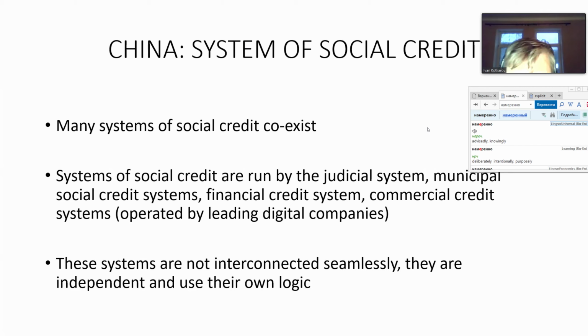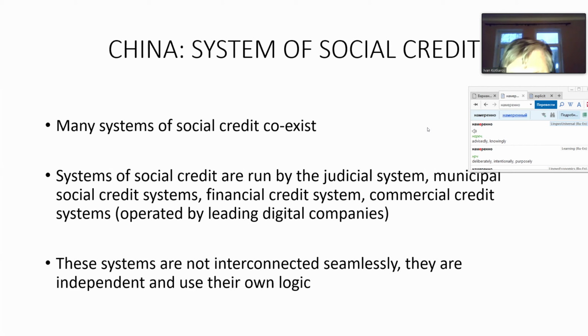So all these systems are independent. They have their own logic, they have their own model of operation, and they are not interconnected. So actually, a Chinese citizen should comply with many systems of social credit.